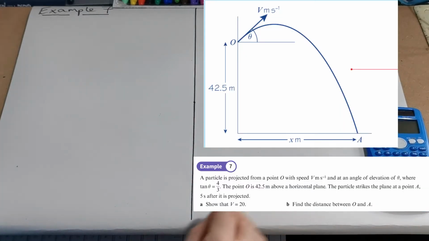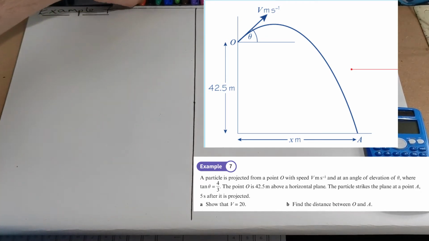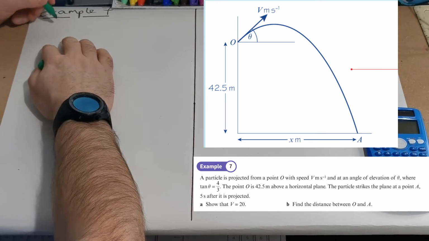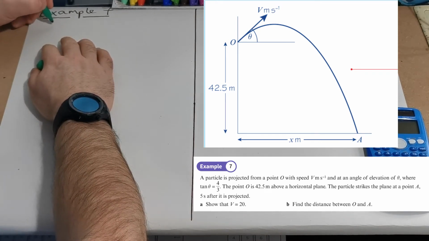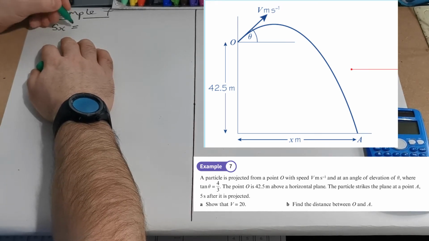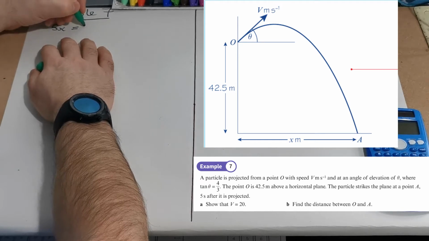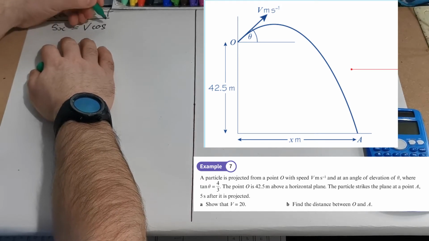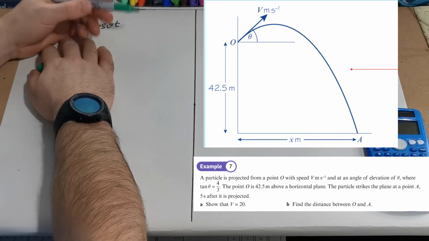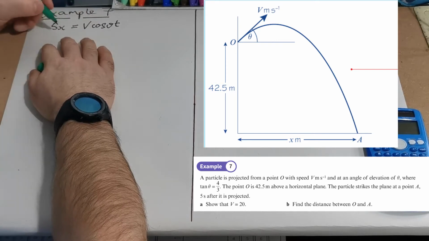So on the screen there you should see a diagram, and let's have a look at horizontal and vertical motion first. So I'm going to use s equals ut plus half a t squared. So I'm going to say that Sx, the horizontal displacement, is equal to v cos theta t, and remember there's no acceleration in the horizontal direction, so that just stays like that.